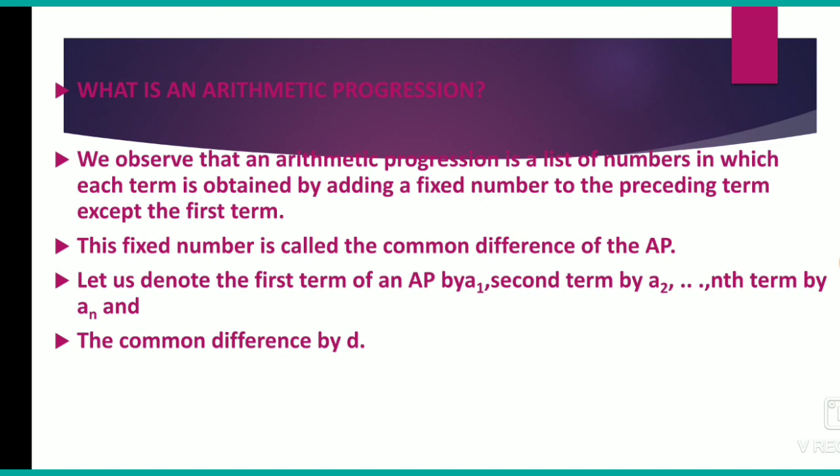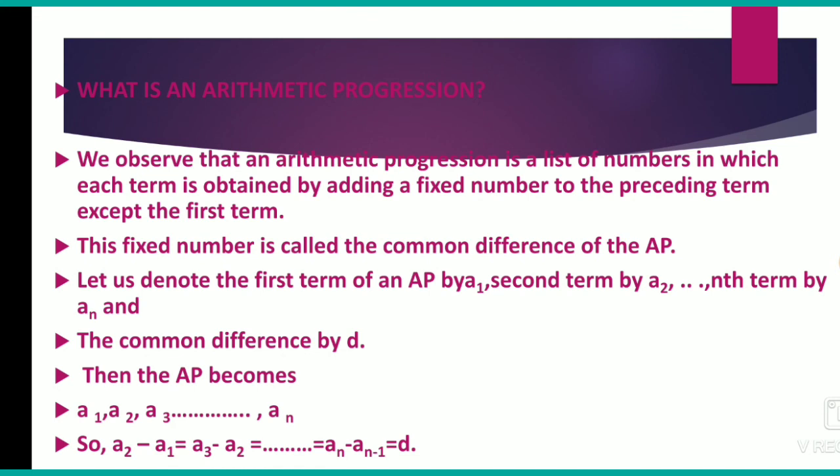Okay, so generally the common difference by D. Then the AP becomes A1, A2, A3, and so on up to An. So simply we can say A2 minus A1 is equal to A3 minus A2 is equal to and so on, An minus A(n-1) is equal to D.